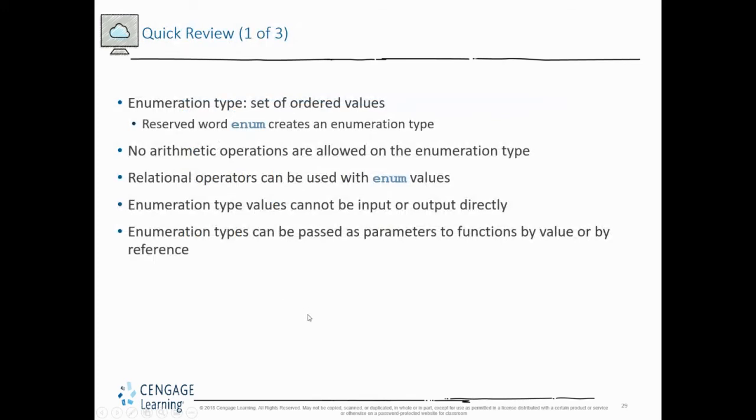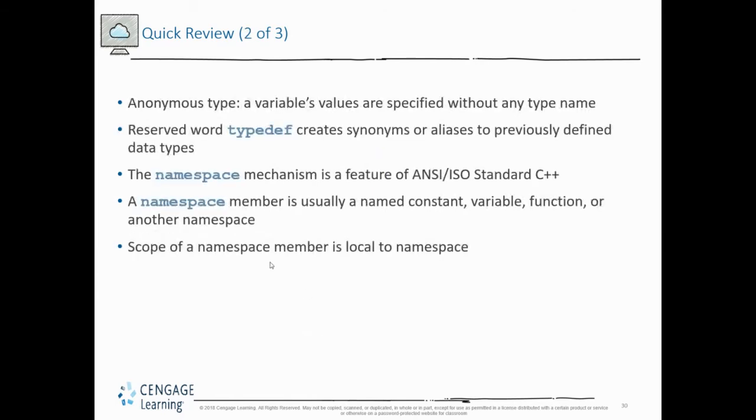So, enumeration type, set of ordered values. Reserved word enum creates an enumeration type. No arithmetic operations are allowed on the enumeration type, but you can do it indirectly with the static cast, okay? Relational operators can be used with the enum type, and enum type values cannot be input or output directly, but they can be passed as parameters to functions by value or by reference.